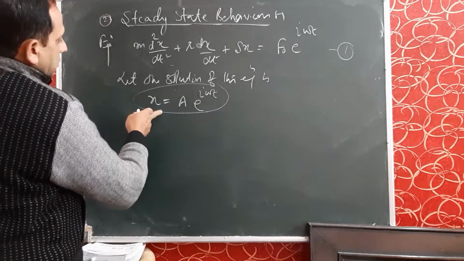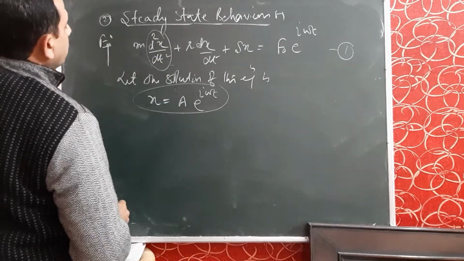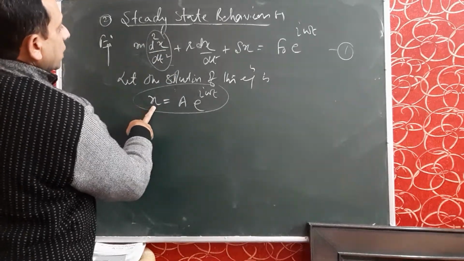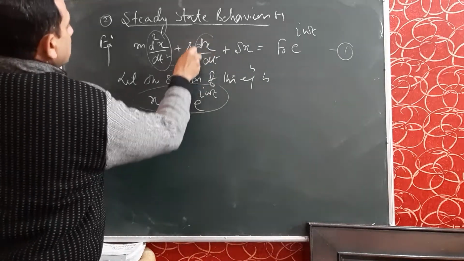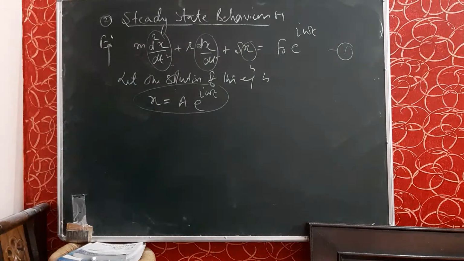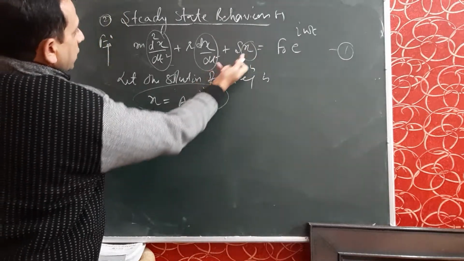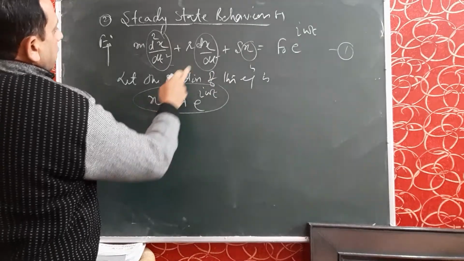When we put the value of x here, we have to take the second derivative of x. First, x is as it is. We will put this value here and take its derivative.